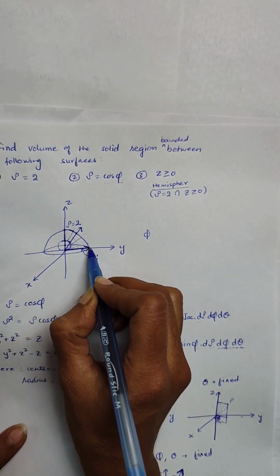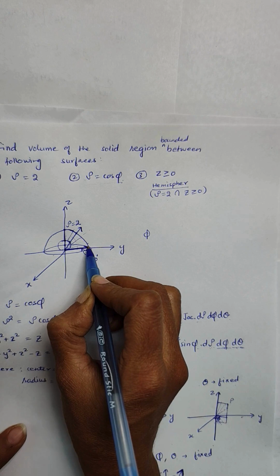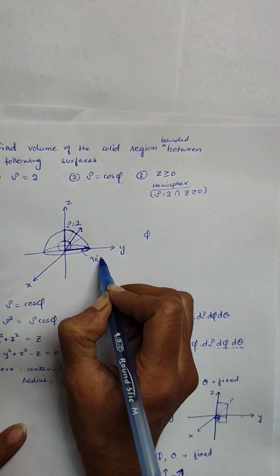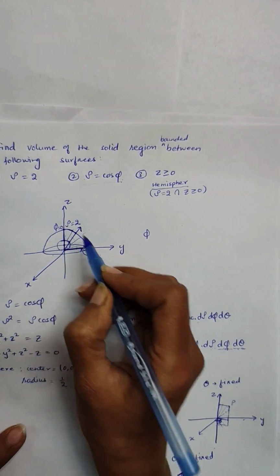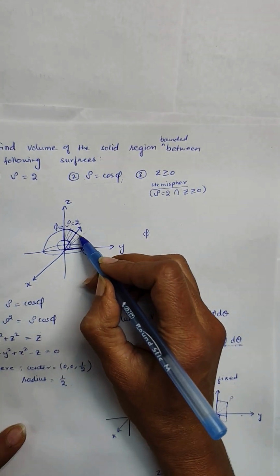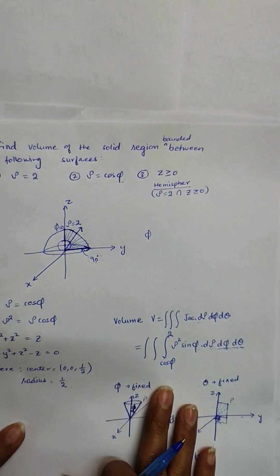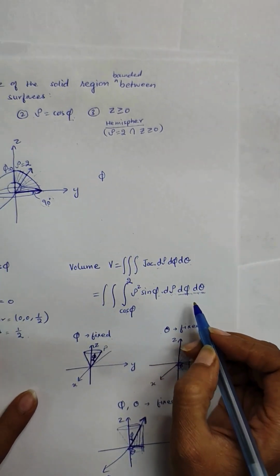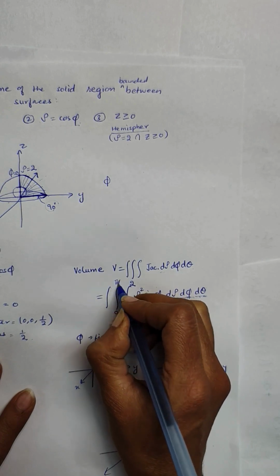This is the last ray we will get which lies inside the region of integration, and we get it when phi is equal to 90 degrees. So if we change phi from 0 to 90 degrees, we cover this patch inside the region of integration. The limits of integration with respect to phi go from 0 to pi by 2.